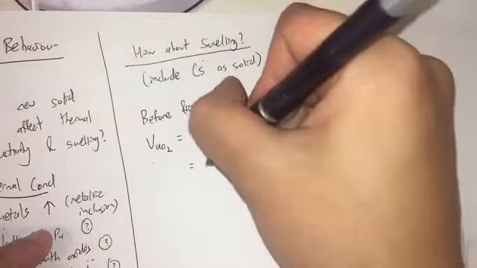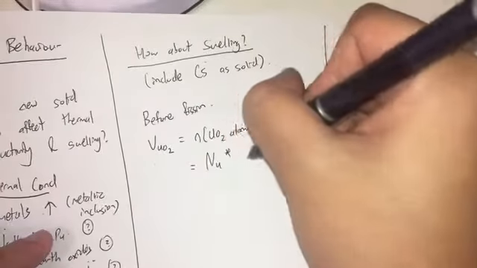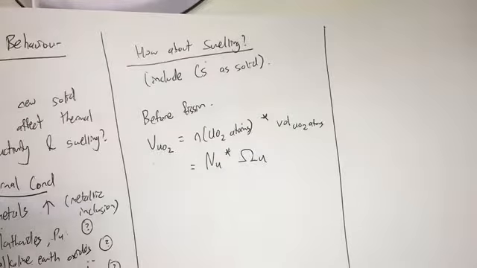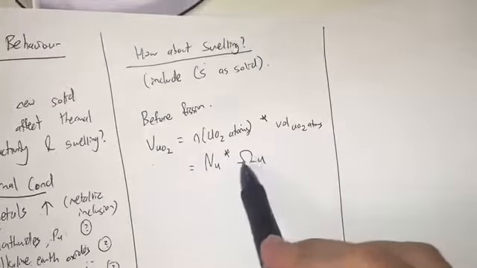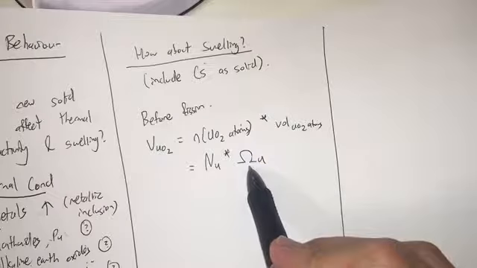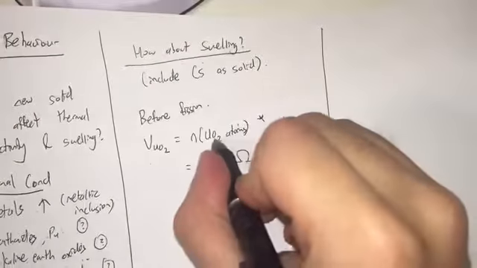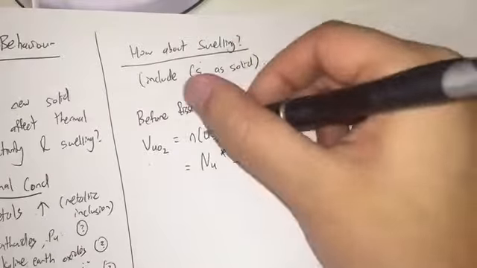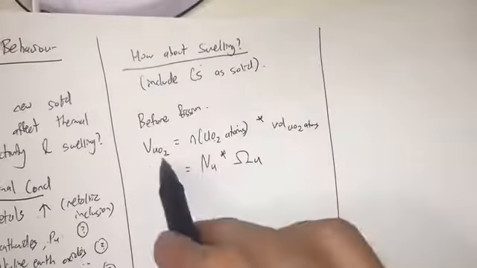I will just write this as Nu times omega U. These are the shorthand forms I use: omega U is the volume per UO2 atom, and Nu is the number of UO2 atoms. Volume per UO2 atom times the number of UO2 atoms gives you the total volume.